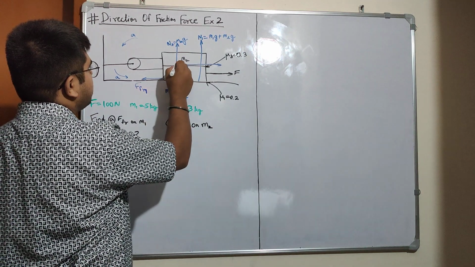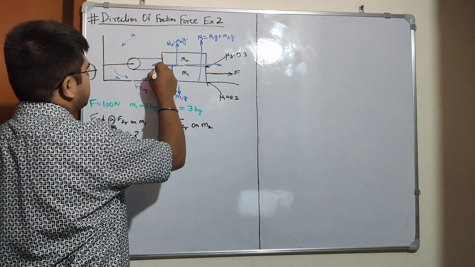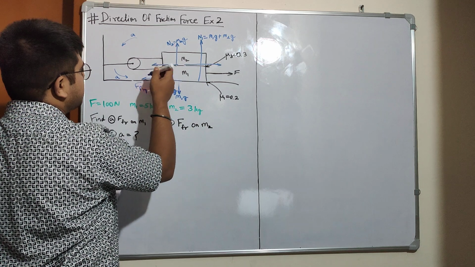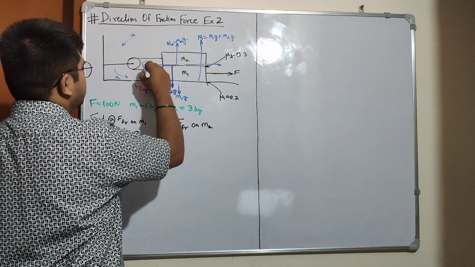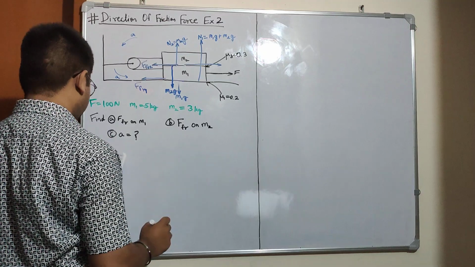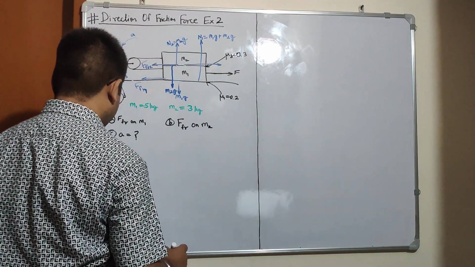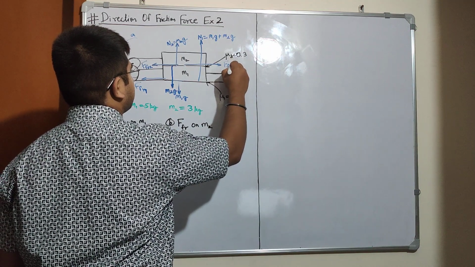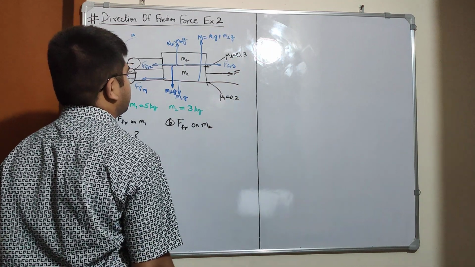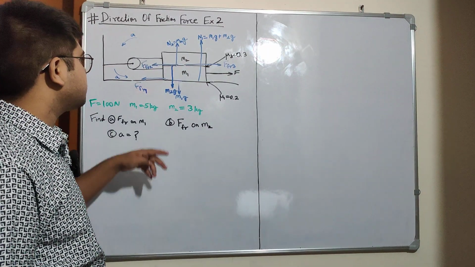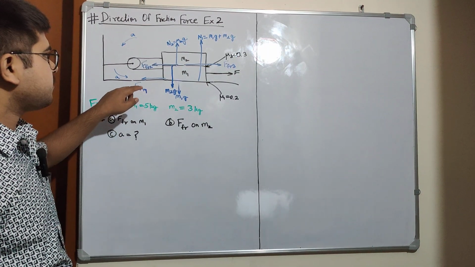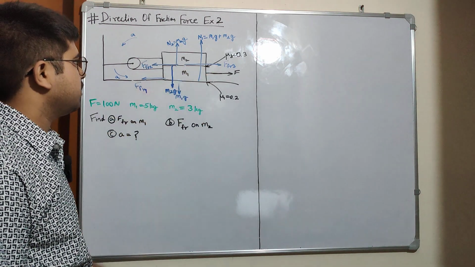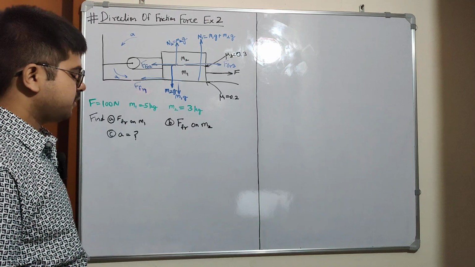And the friction force will be in this direction, because this is moving in this direction. So this is FFR2, and this would be FFR3. So we have three friction forces to be taken into account: FFR1, FFR2 and FFR3.